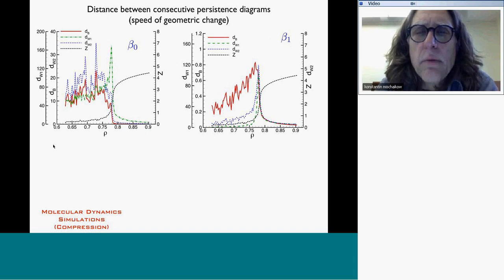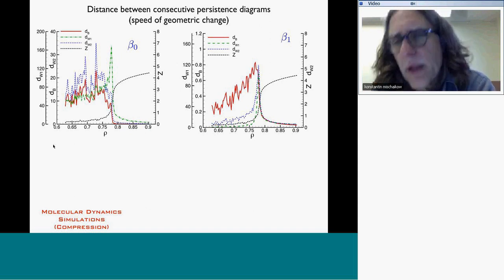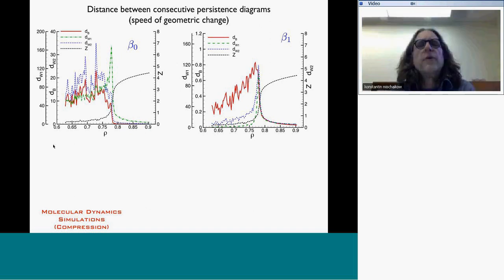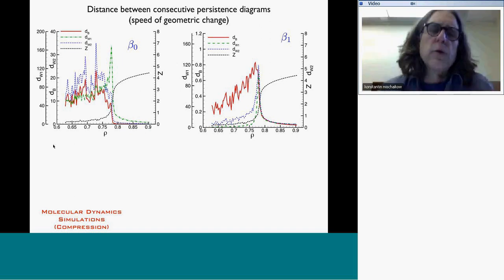What we're looking at here is, well, of the kind of movies that I showed you from Lou's group, we're doing a compression, and what's being plotted in these graphs is the distance between consecutive persistence diagrams.